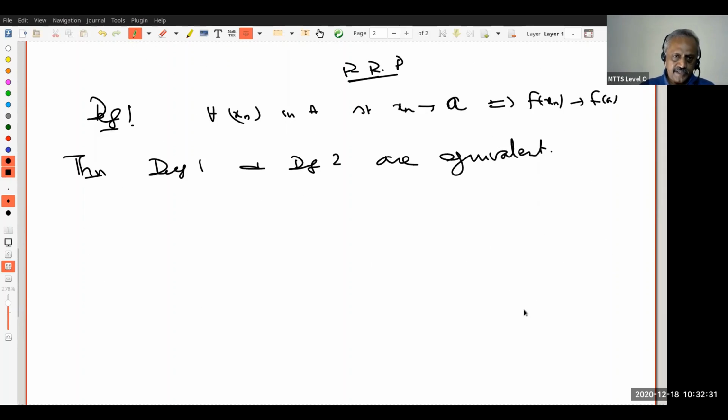Right? If I assume f is continuous according to definition 1, then it has to be continuous according to definition 2, and conversely. Yeah? Proof is easy. Let us look at that.